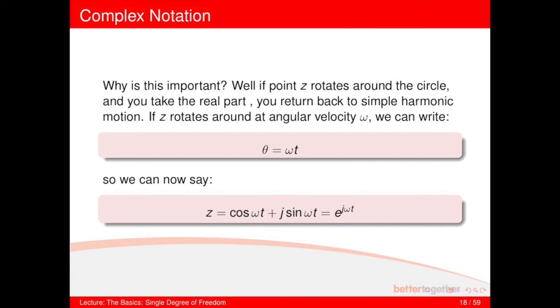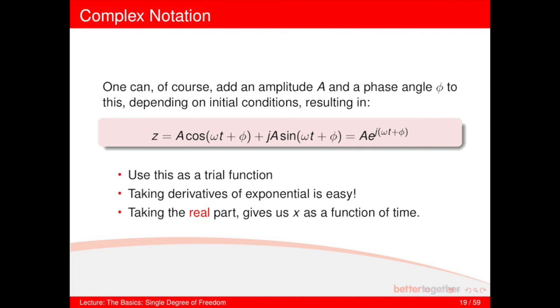And obviously, if you multiply the velocity by time, you get a distance, so omega times t equals theta, so we can replace theta in that equation with omega t. You end up with z is cosine omega t plus j sine omega t, which is e to the j omega t. And of course, you can add an amplitude and a phase angle if you wanted to.